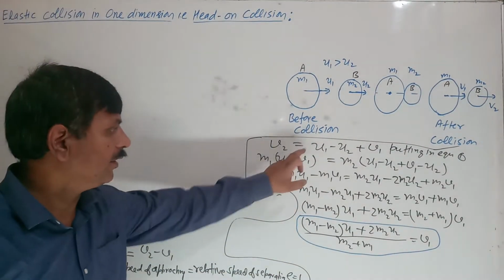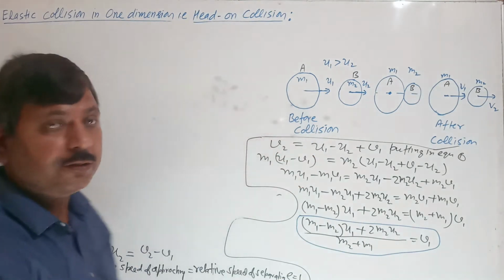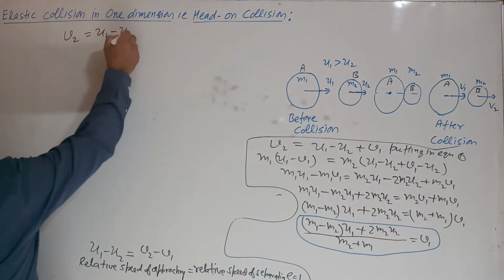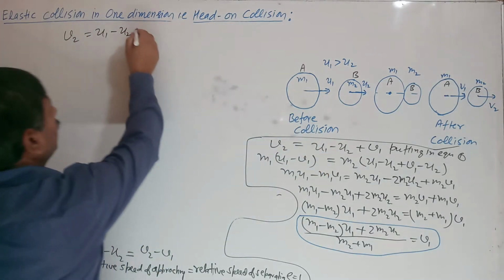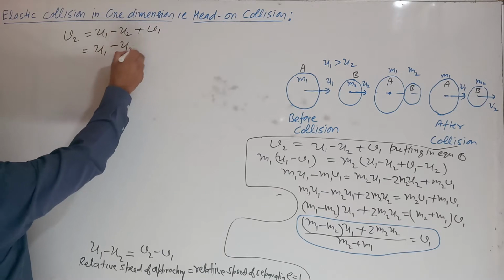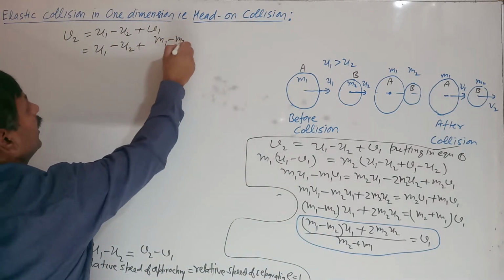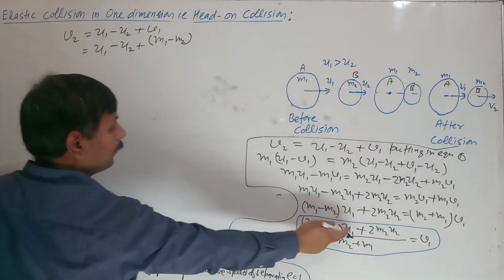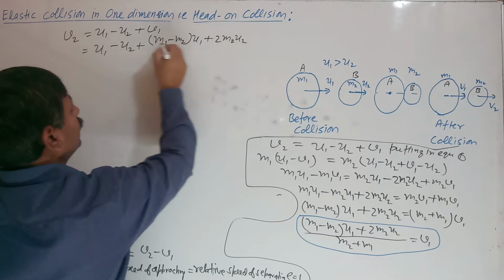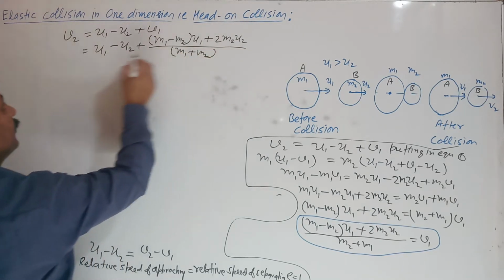See here we are putting in this. v1 here, putting, v2 is equal to u1 minus u2 plus v1. u1 minus u2, v1 is what? m1 minus m2 u1 plus 2 m2 u2 upon m1 plus m2.